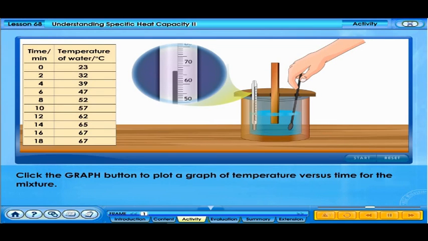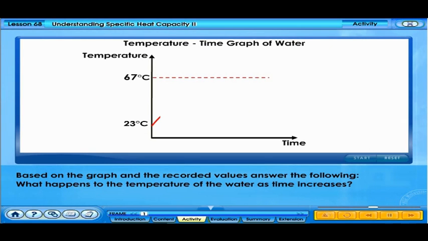Click the Graph button to plot a graph of temperature versus time for the mixture. Based on the graph and the recorded values, answer the following.